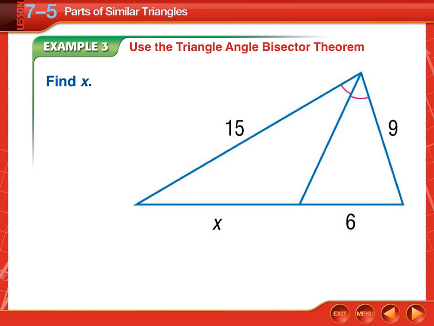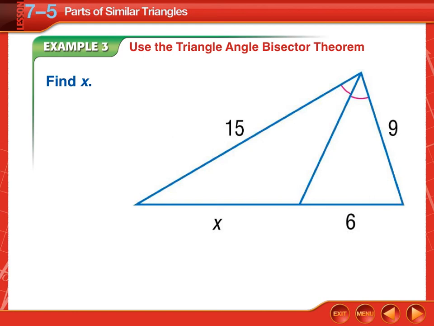So here we have an angle bisector. We know it's a bisector because we're showing that this angle is being cut into two equal halves. And we just learned that these segments on the opposite side of that vertex are proportional to the sides adjacent to the angle being bisected.